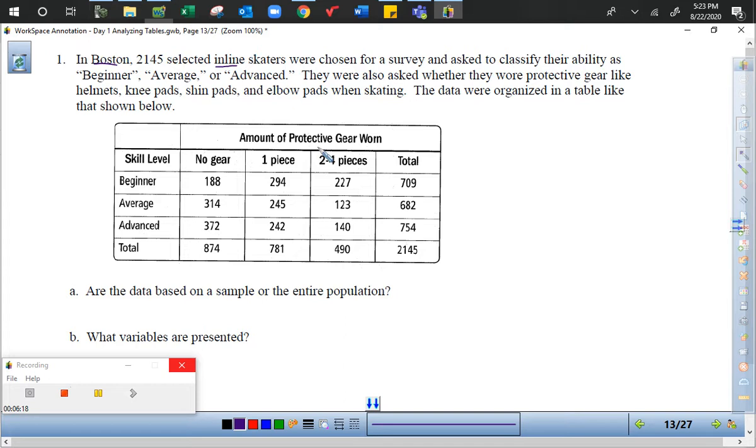They didn't choose all of the skaters in Boston even. They chose just this many of them. So we're going to say sample. And the biggest indicator is that word selected. If you can look for things like that, that'll help you on your homework determine which one is which.